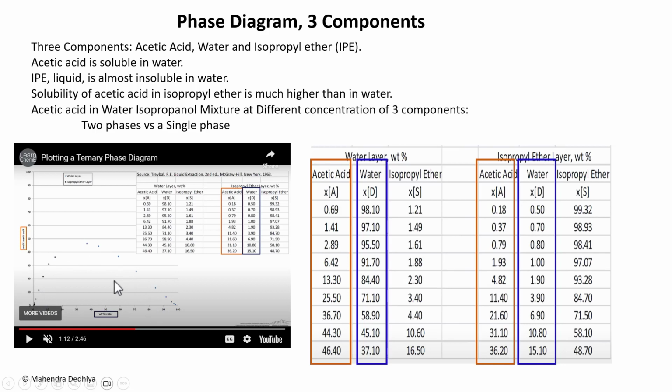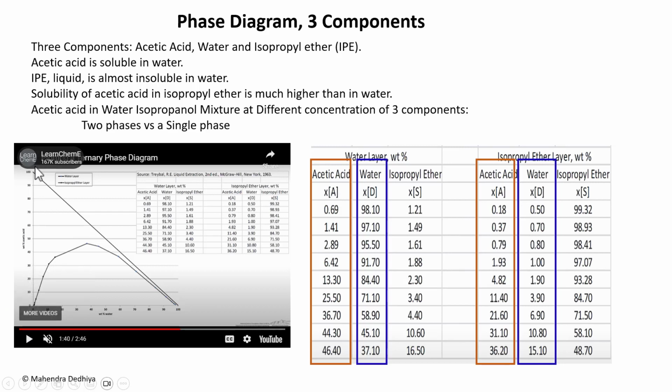Here's the phase diagram. In this portion, there are two phases, IPE and water. Above this is a single phase. In order to complete the phase diagram, we need to draw a line from the apex here.